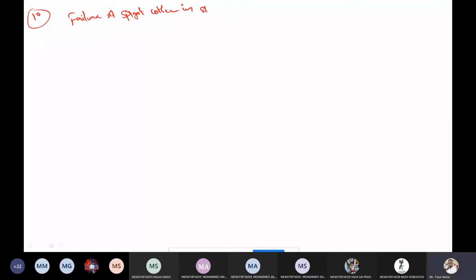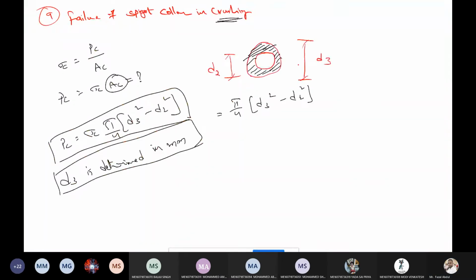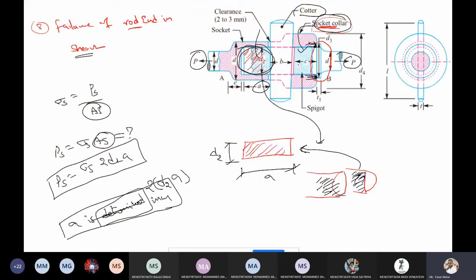So how it appears, I am drawing, see the diagram. Now see, this is the spigot collar. If the spigot collar fails in shear, how does it appear? I am drawing, see here.